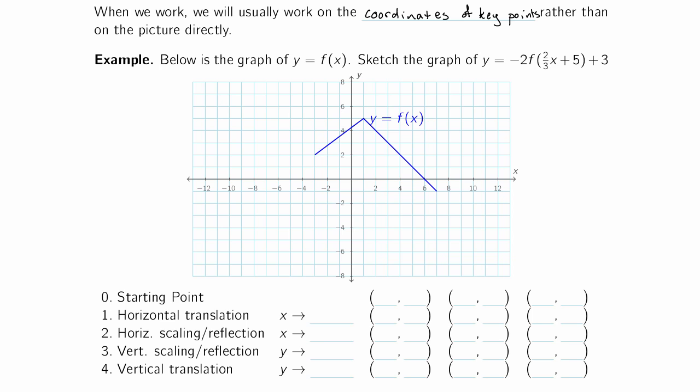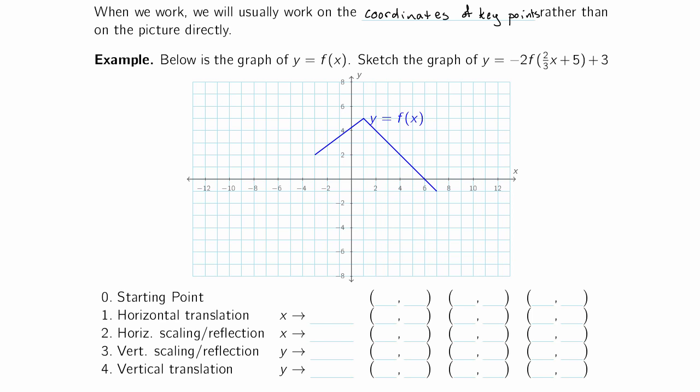So in this example, we're given the graph of f, and we want to sketch the graph of y equals -2 times f of (2/3 x plus 5) plus 3. I don't want to do that in one step.